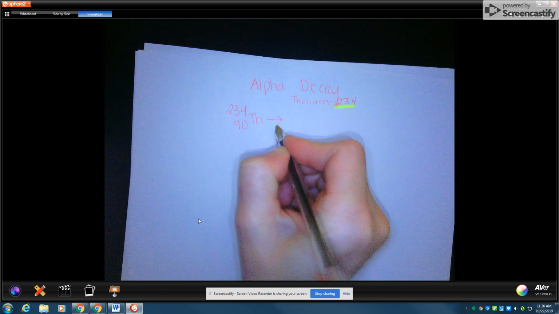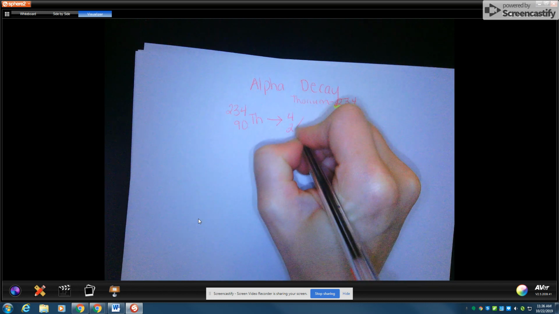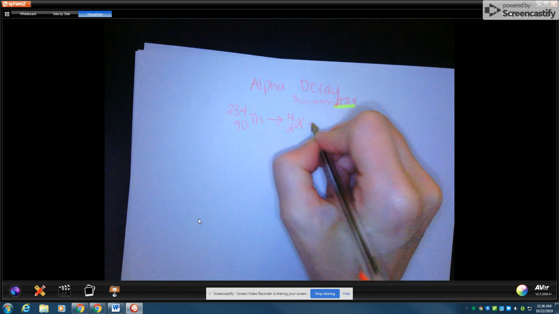So you have to remember that that 234 is the number that goes over here on top. If it goes through an alpha decay, there's a pattern that you have to follow. You write down your isotope that it gives you, you write your arrow, and then you write in your alpha. Your alpha can be this symbol or it can be He plus something. And then you're going to balance it just like you've done on the last two.